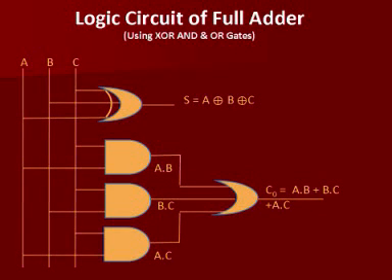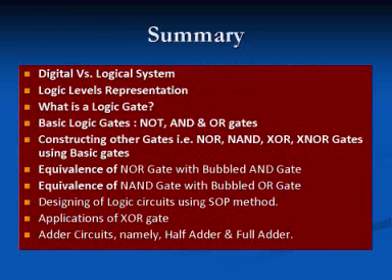Let us now summarize what we have learnt in this module. We have learnt that a digital system can be represented by a logic system wherein voltage levels are represented by logic levels in terms of binary bits 0 and 1. A logic system consists of logic gates which are of various types, out of which AND and OR gates are basic gates.